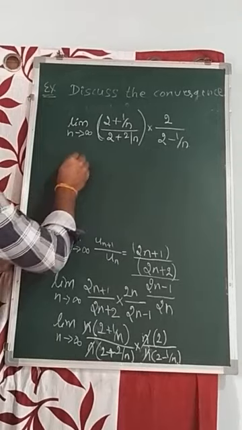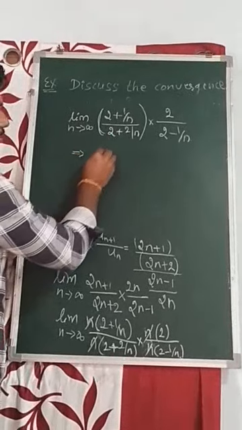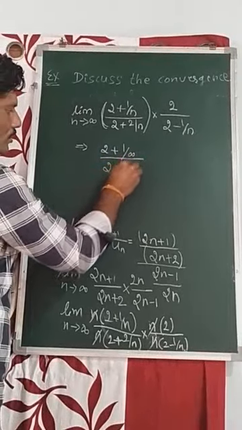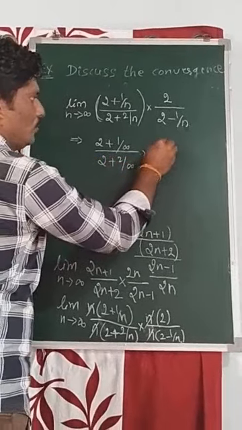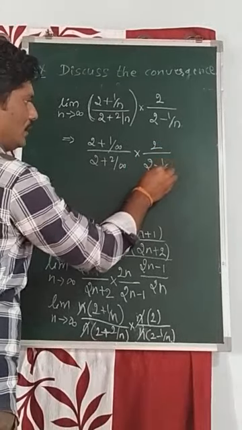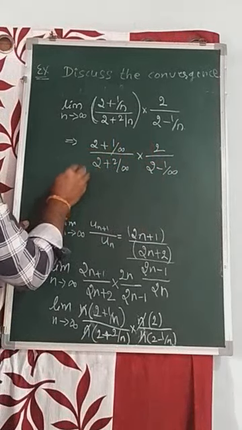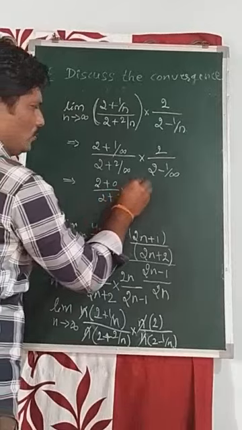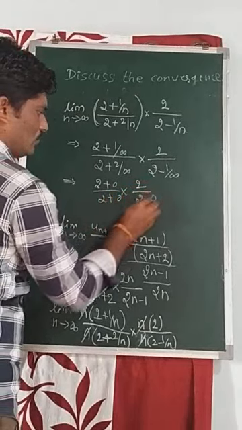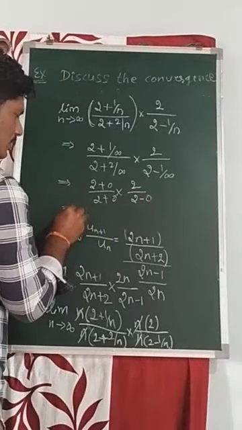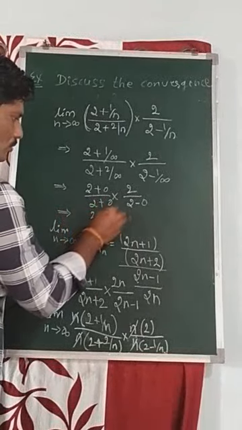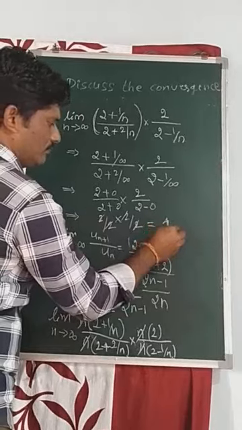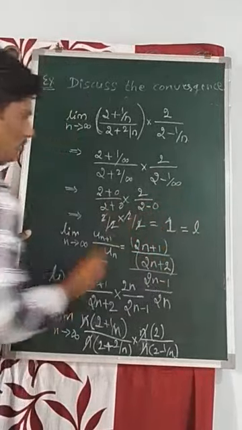Okay, applying the limit: 2 plus 1 divided by infinity, 2 plus 2 divided by infinity, into 2 divided by 2 minus 1 divided by infinity. This implies 2 plus 0 divided by 2 plus 0 into 2 divided by 2 minus 0, which implies 2 divided by 2 into 2 divided by 2 cancels, equal to 1, is equal to L, a given finite number.